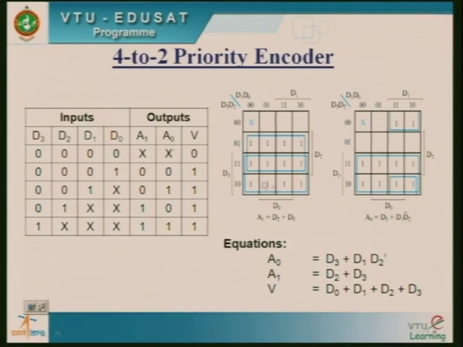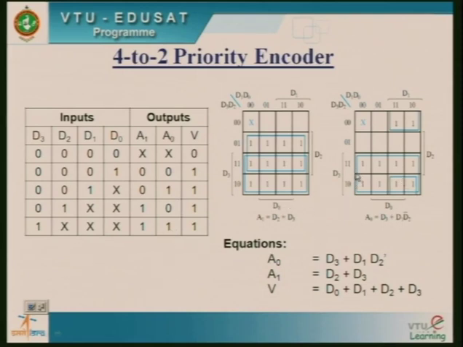So for A0, I am going to fill this table. For 0 0 0 0 it is X. Next for 0 0 0 1 it is 0. I am not considering 0. I am considering wherever there is 1.